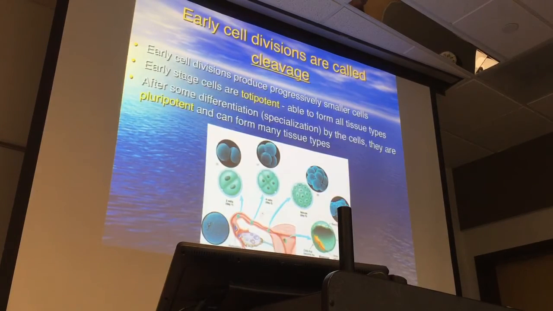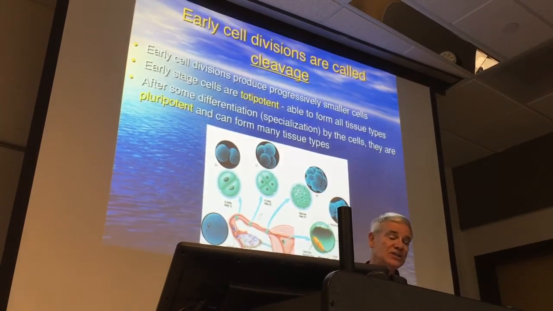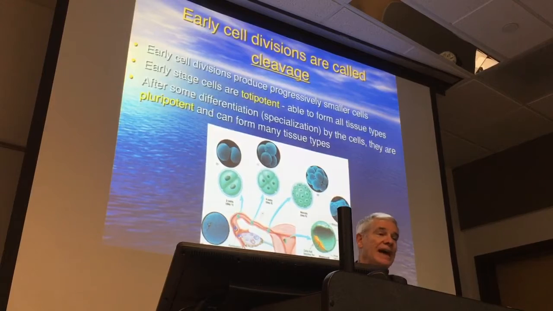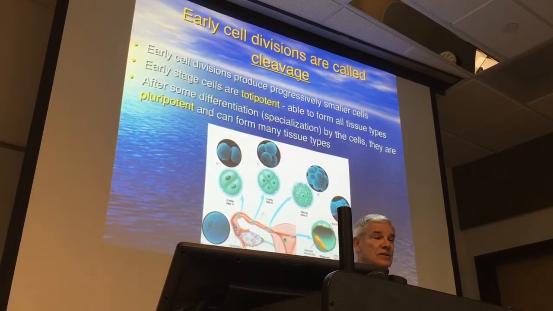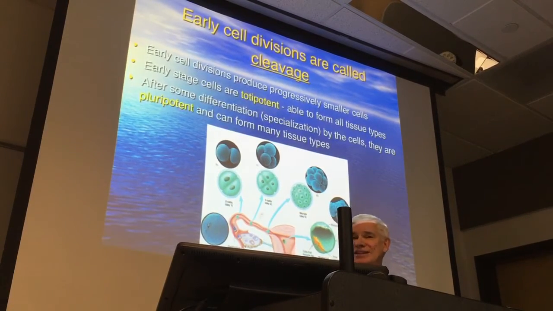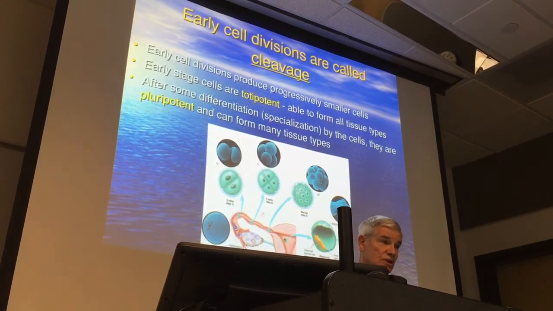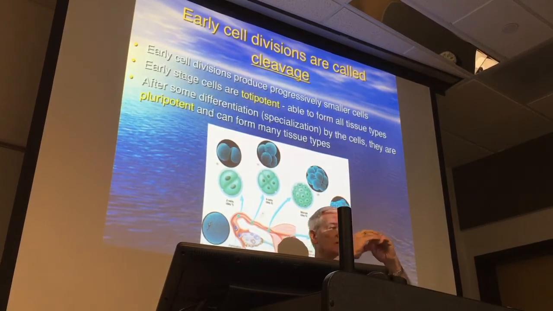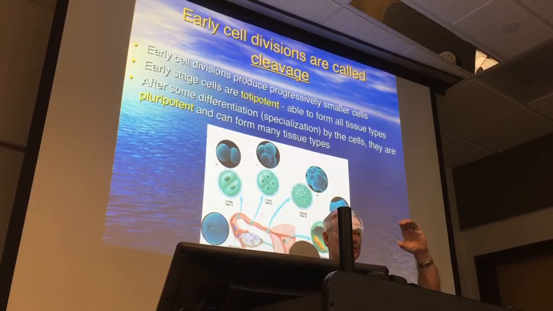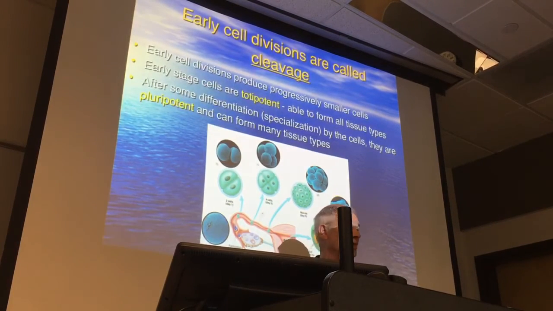Okay, here we go. Now, we start with a zygote, and the zygote is a one-celled individual. That cell, one cell, is going to divide. The divisions occur approximately every 24 hours or so. Now normally a cell divides, and each one of those doubles in size and then divides. That's not what happens here.